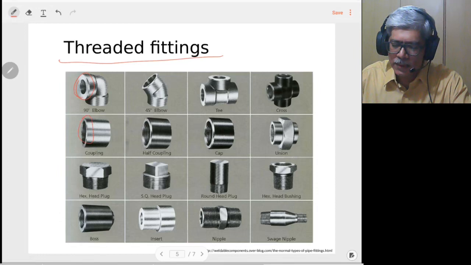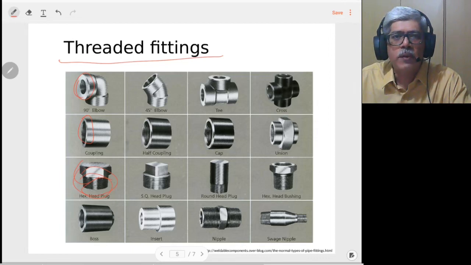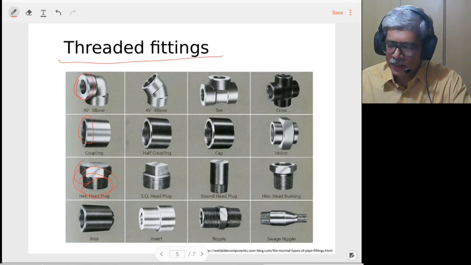So all the ends in this case will be threaded, and instead of a cap, there will be a plug here, and so on. So you will see the different types of fittings are available. All of them are covered by the standard which we mentioned previously, and they can be selected based on their pressure temperature rating.